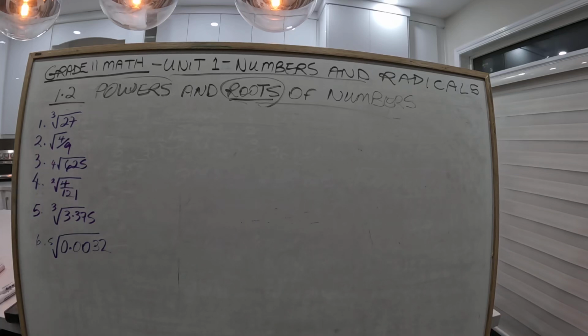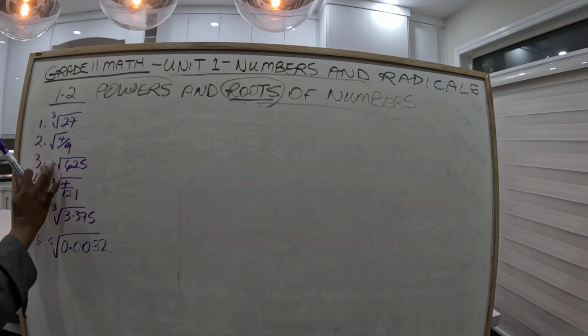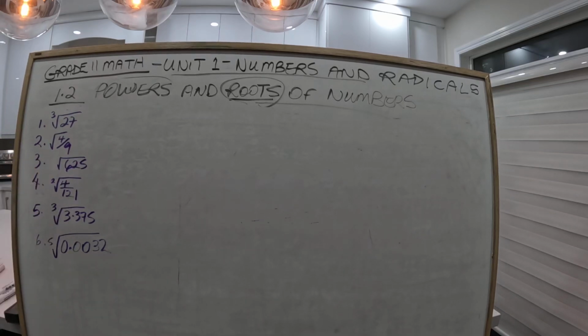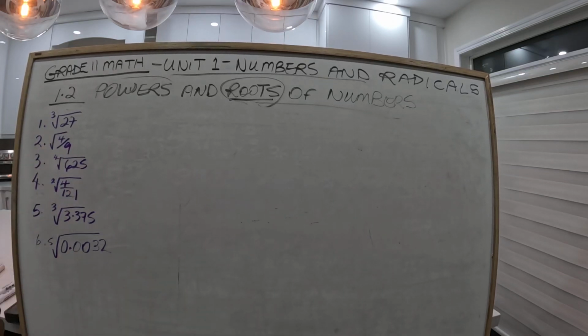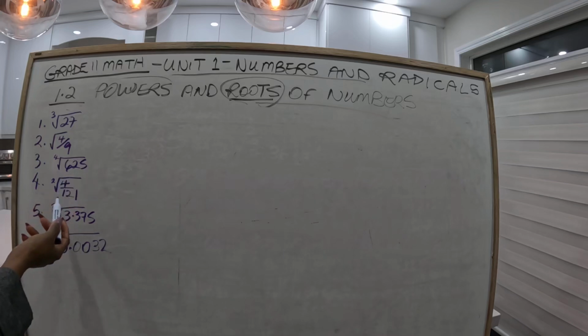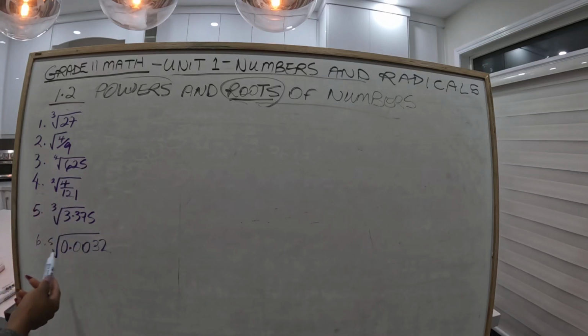So here we have the cube root of 27, cube root of 4 over 9, the cube root of 625, and I know I write the 4 a little bit low, but it's really up here, just so there's no misunderstanding. Cube root of 4 over 121, the cube root of 3, 0.375 and the cube root of 0.0032.